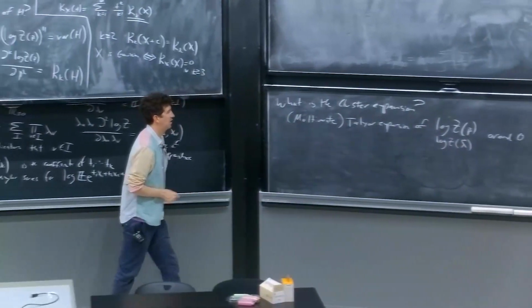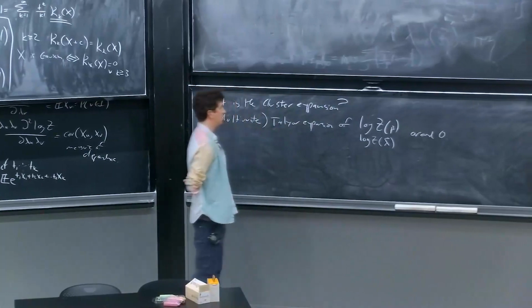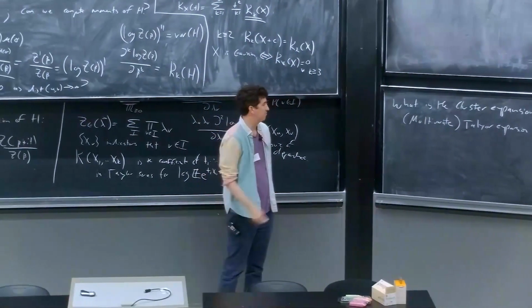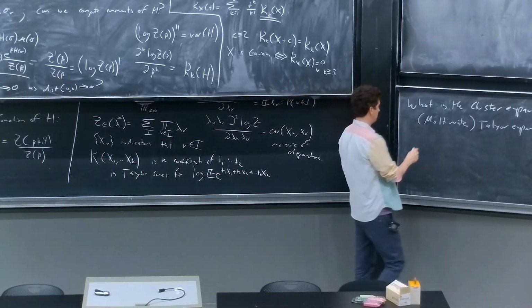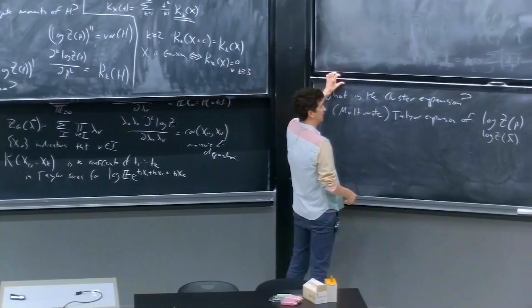So really what it is, is a multivariate Taylor series. That's all it is. And I'll tell you what the coefficients are, and they have some nice combinatorial meaning.